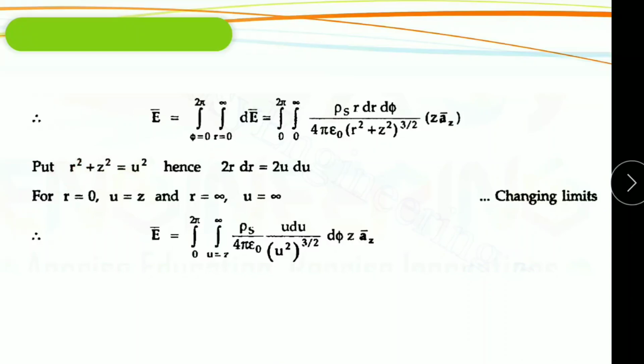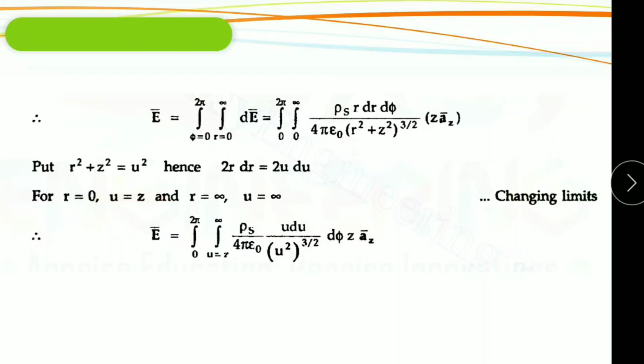R square differentiation is 2r dr. U square differentiation is 2u du. Now in this above equation, substitute r equal to 0. That means 0 square plus z square, that is z square, is equal to u square. By cancelling the squares on both sides, u is equal to z.